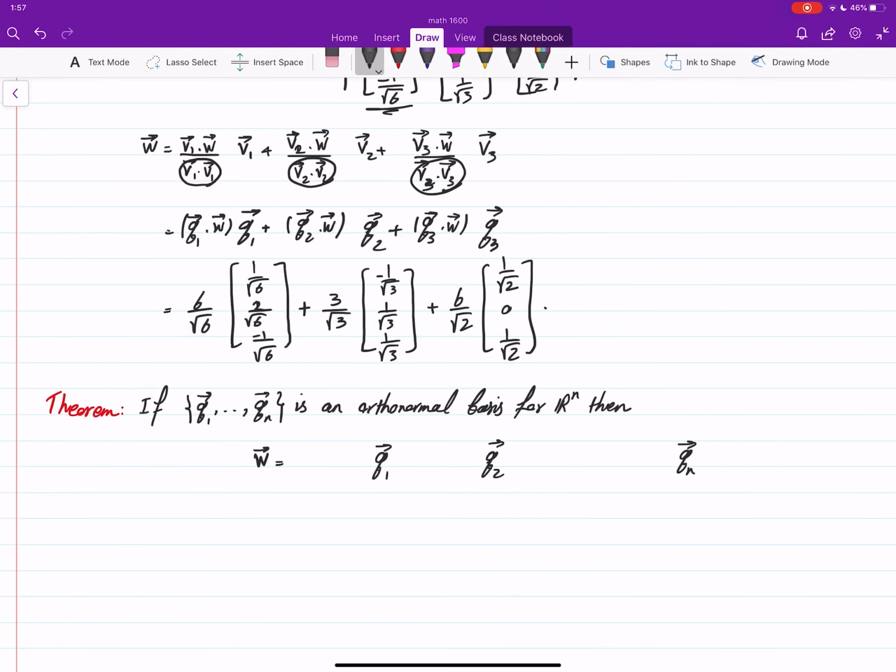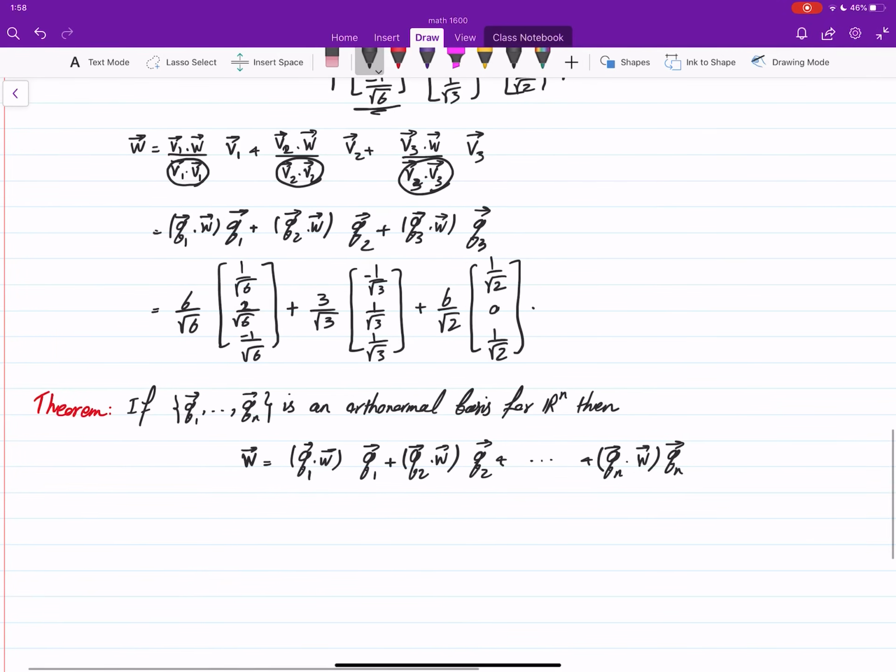The coefficients are simply the dot product of the corresponding vector from the orthonormal basis with the same vector w. So (q1 dot w) times q1, plus (q2 dot w) times q2, and so on up to (qn dot w) times qn.